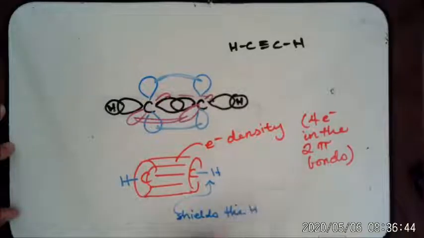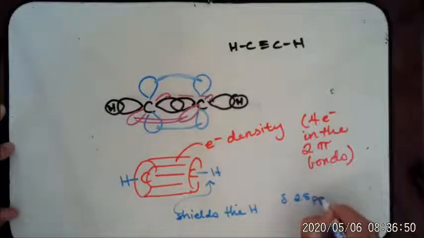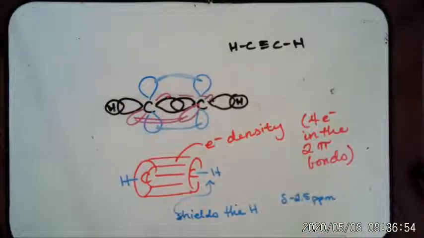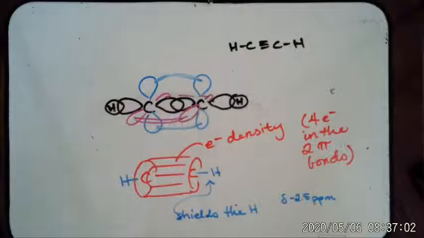And that's why in NMR this occurs around 2.5 ppm. Since they're sp orbitals, it's a much shorter bond because it's got 50% character of an s orbital.